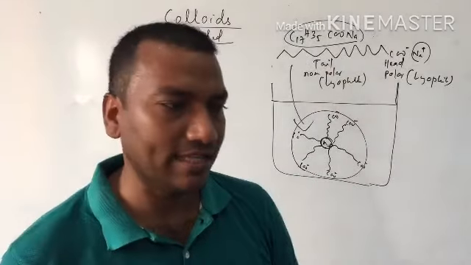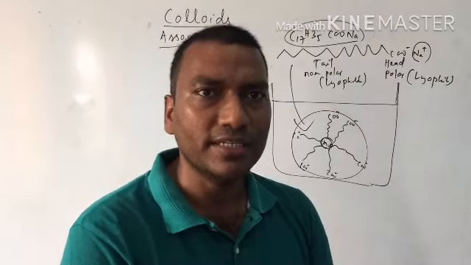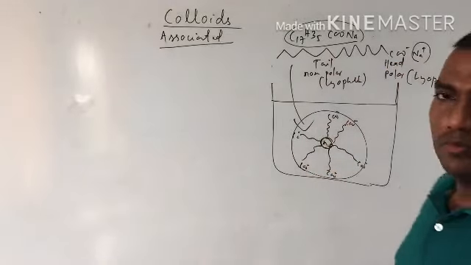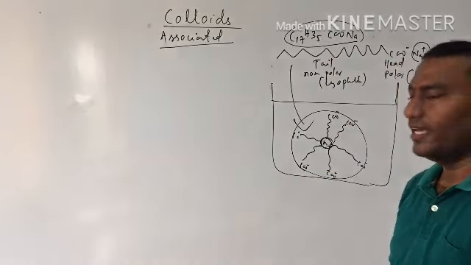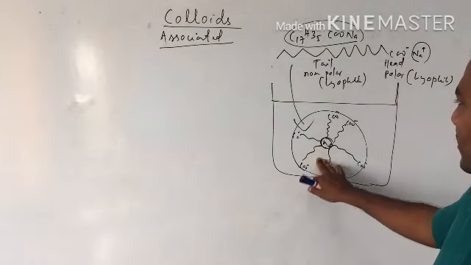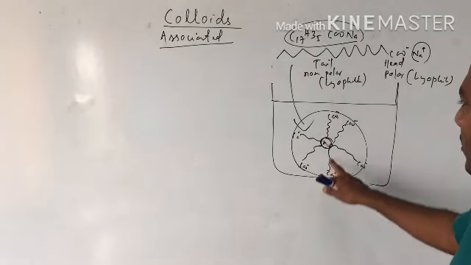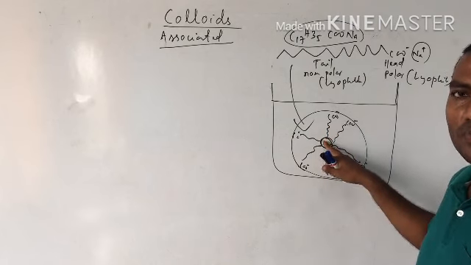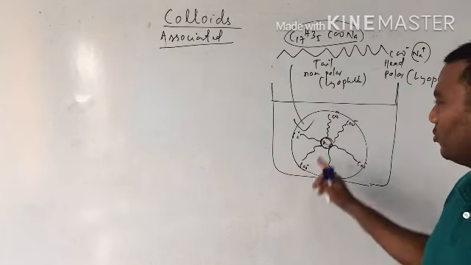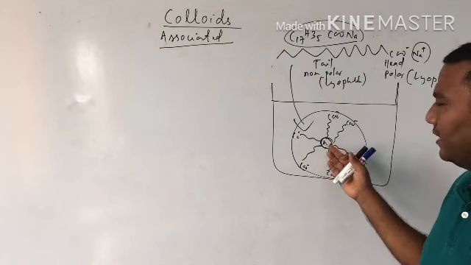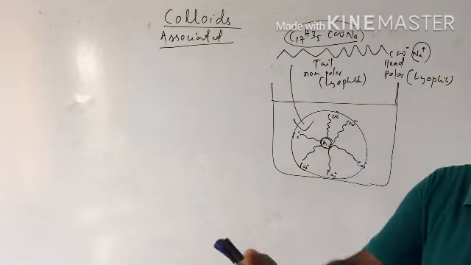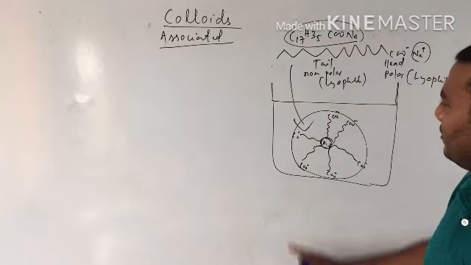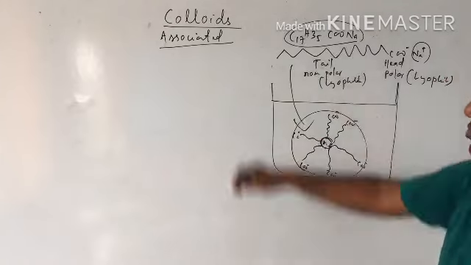This part you read in 10th class also. When soap or detergent is added, micelle formation takes place, and due to this association the non-polar parts associate with each other, so its mass increases, and that particle easily comes out and settles down due to gravity.